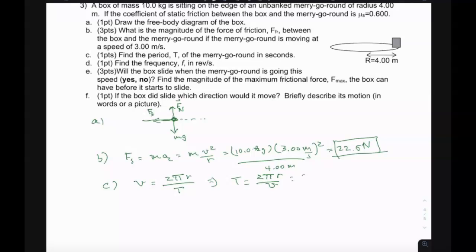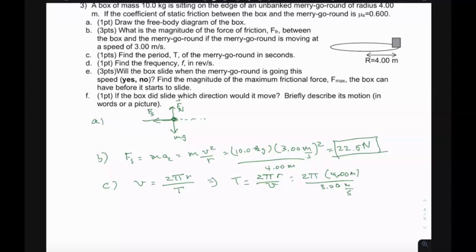So we put in the numbers. The radius we said is 4.00 meters. And the velocity is 3.00 meters per second.